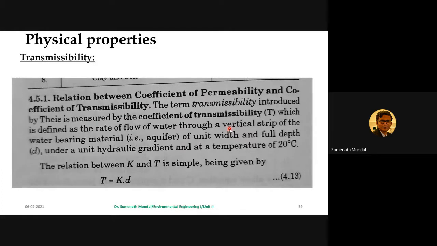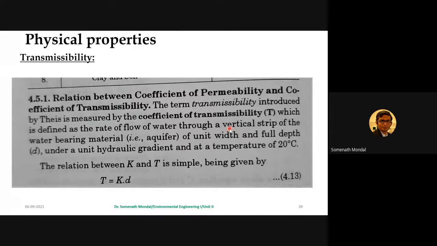So the coefficient of transmissibility, or transmissibility of soil, is defined as the rate of flow of water through a vertical strip of the water bearing material, usually aquifer, of unit width and full depth under a unit hydraulic gradient and at a temperature of 20 degrees. Now the relation between K and T is given over here. So T is equal to K into D, right?